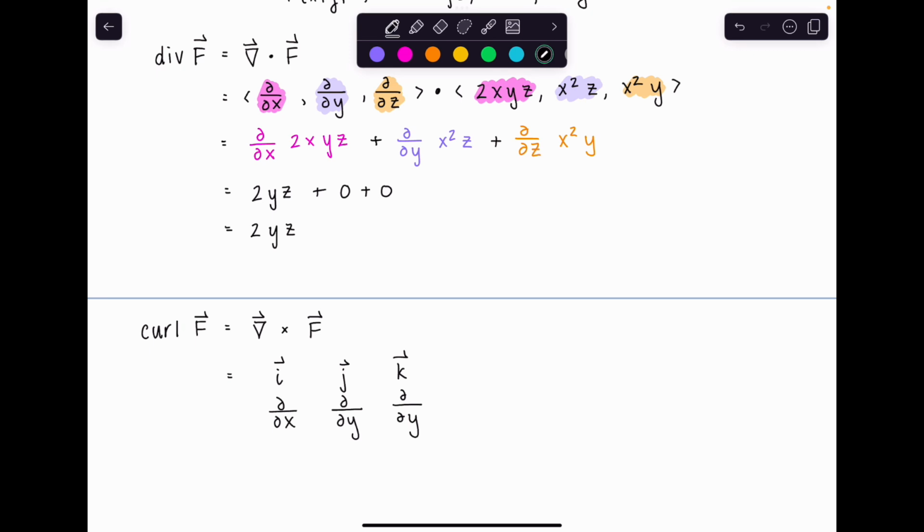And then I put my vector field F below that. So here is my vector field F. So this piece is 2xyz. This is x squared z. And then this is x squared y. And I want to take the determinant of this thing.